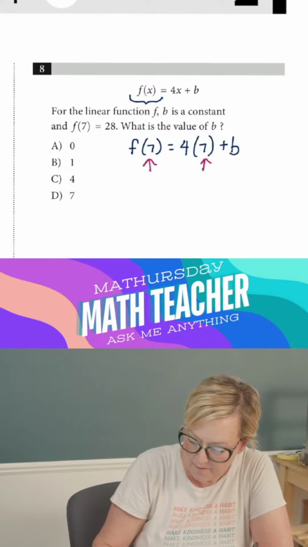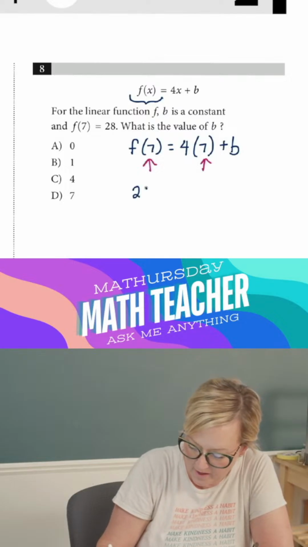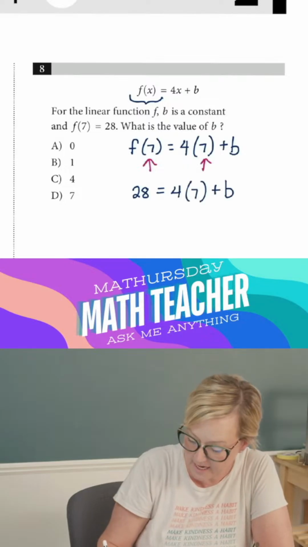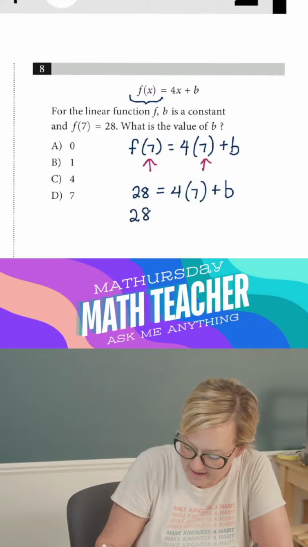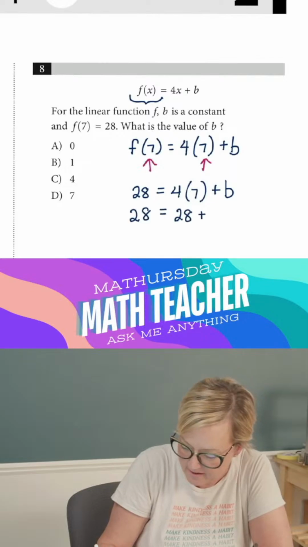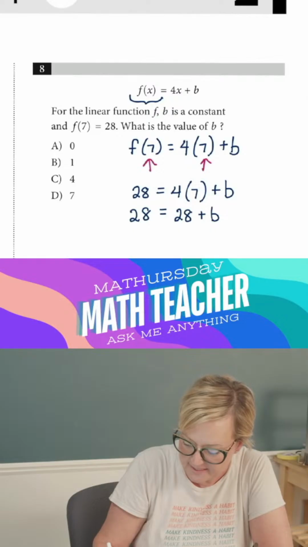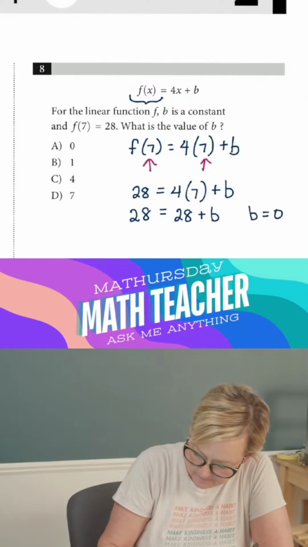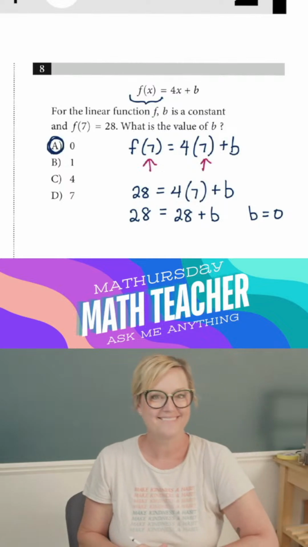If f of 7 is 28, that means 28 equals 4 times 7 plus b. Now 4 times 7 is 28, so 28 equals 28 plus b. That means b must equal 0. So the answer is A.